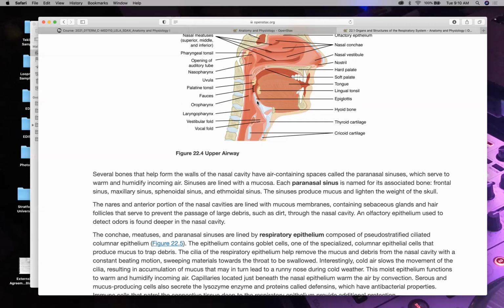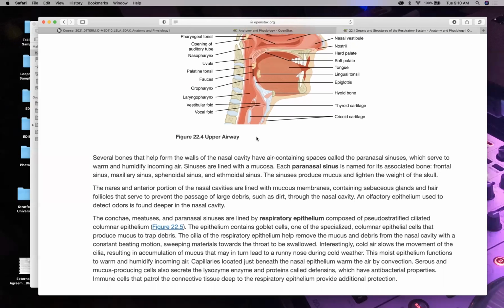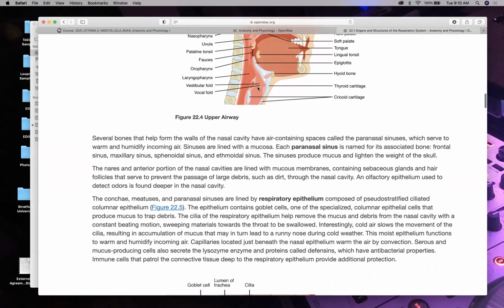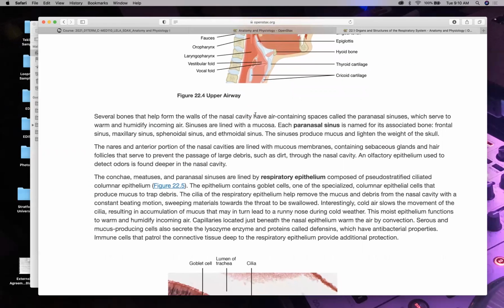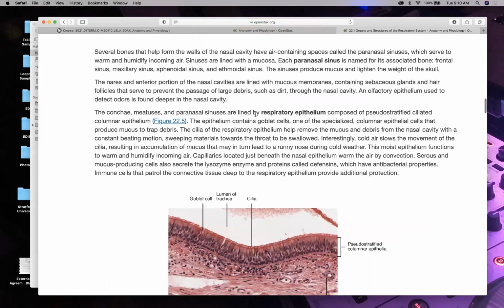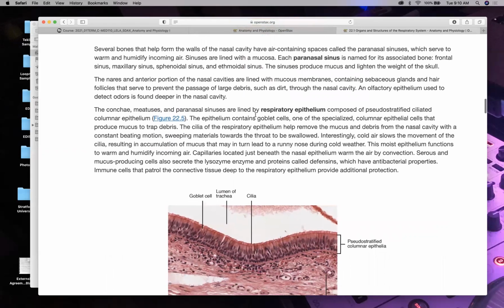So when you are eating, this flap goes down, covers this area, so that food will go straight down the esophagus. You don't want food going down into your lungs. Your lungs don't need dirty food. If any food or vomitus gets into the lungs, that's not a good thing, because then you'll have something called aspiration pneumonia, and that's very hard to get rid of.